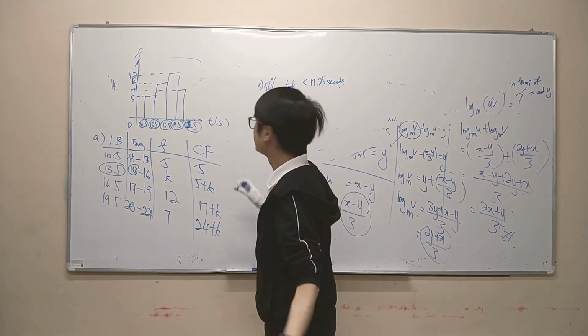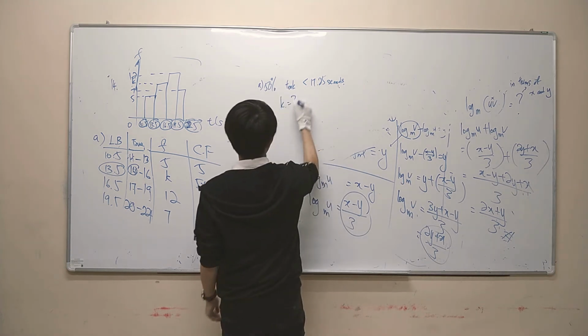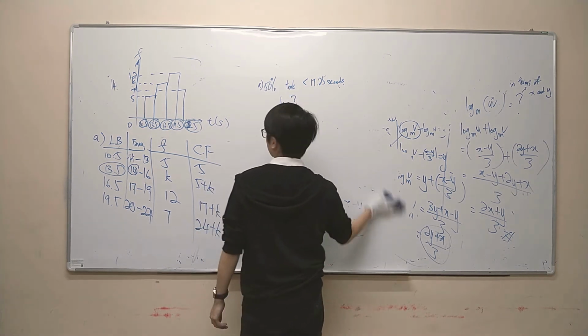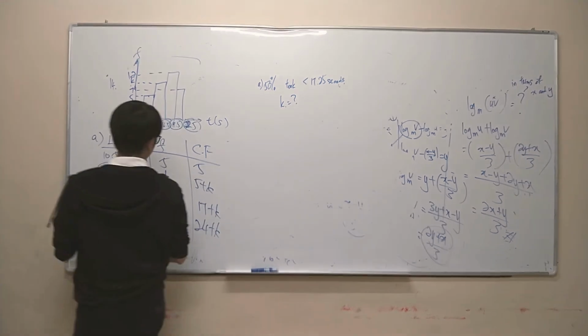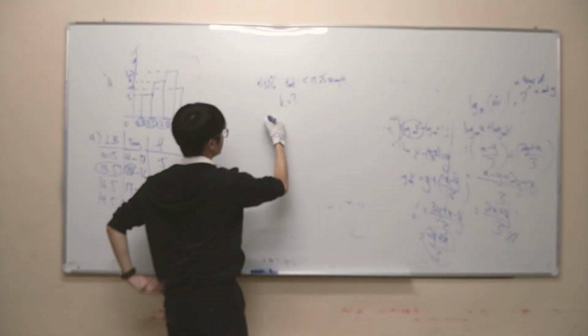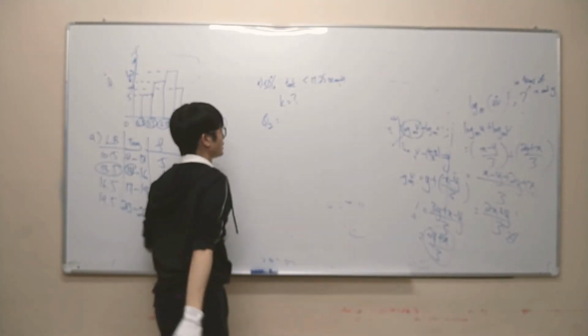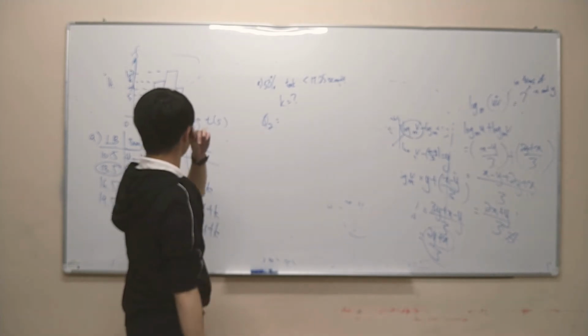Find the value of K. It means the first half of the students. It means you find the median, which is the Q2. Okay? The symbol for median is Q2.